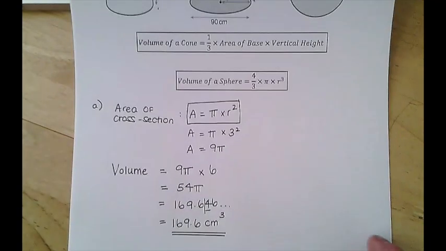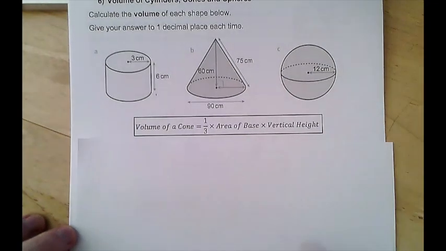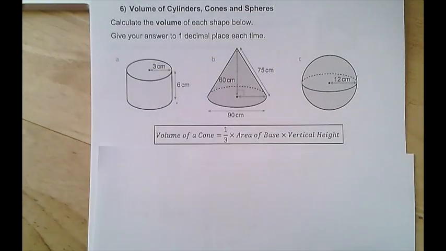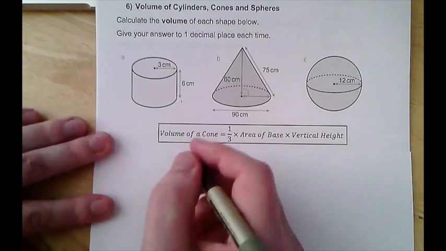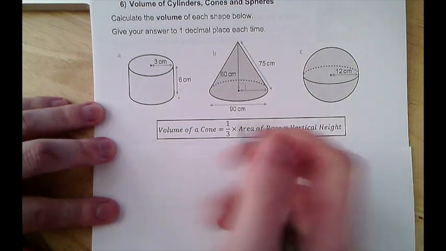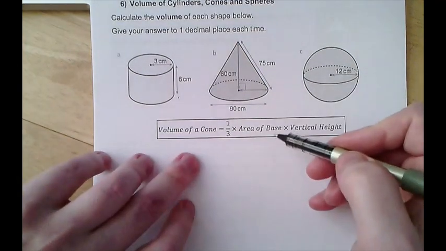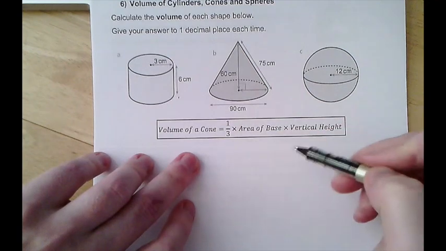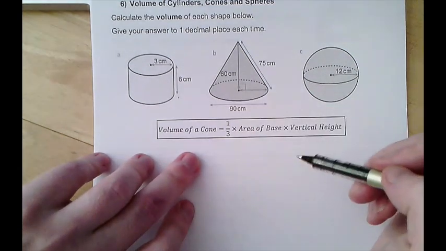Okay, the second one, which is the cone. So the cone, you are told the formula, so all you need to do is stick the numbers in. However, the volume of a cone uses the area of the base, and the base is a circle.